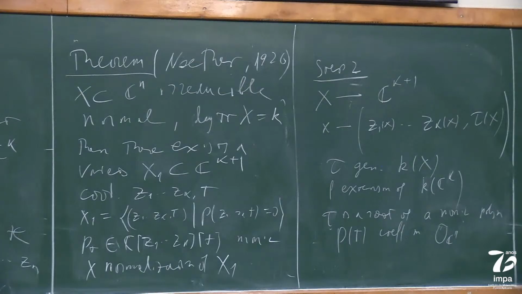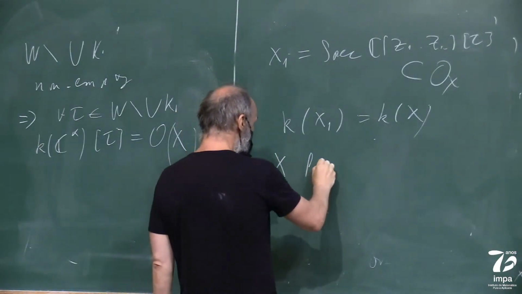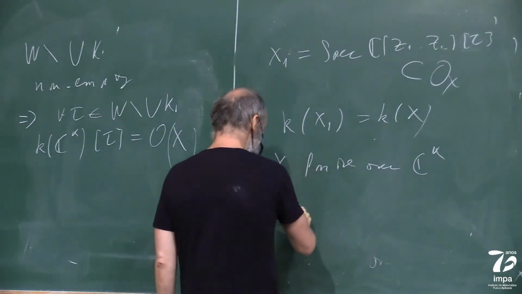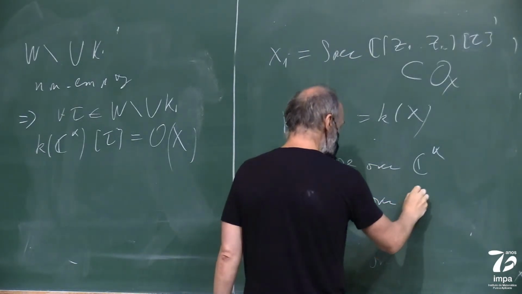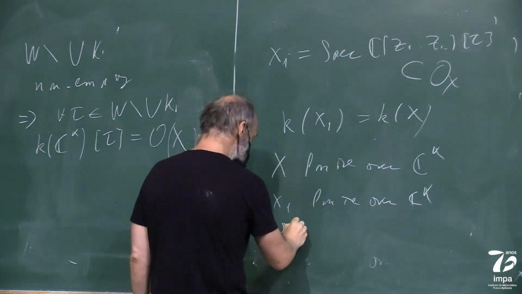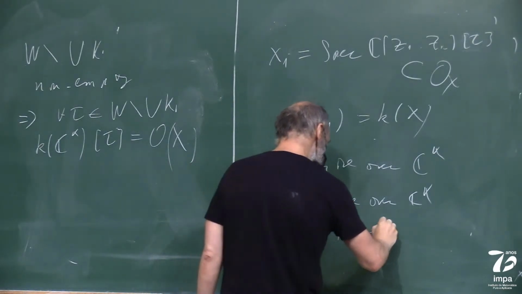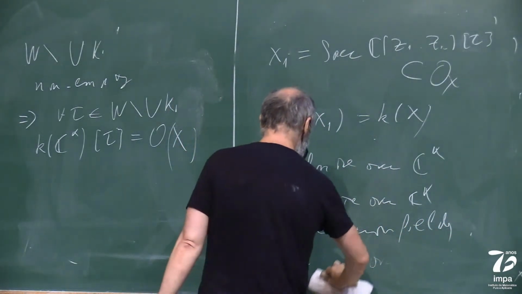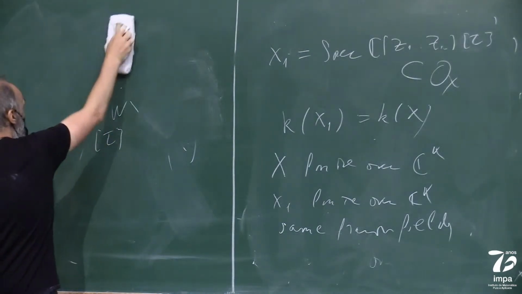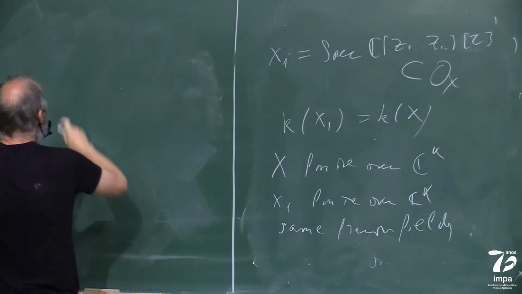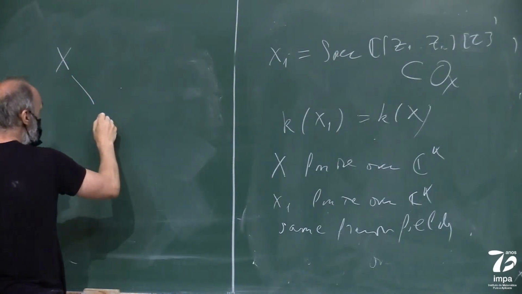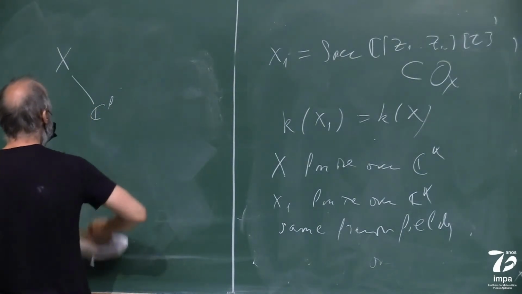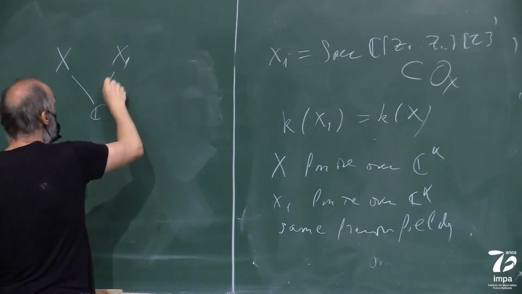And then x is finite over C^k, x1 is finite over C^k, and they have the same fraction fields. But x is normal, which gives us the following diagram, which we already had. x goes to C^d, x1 goes to C^d.